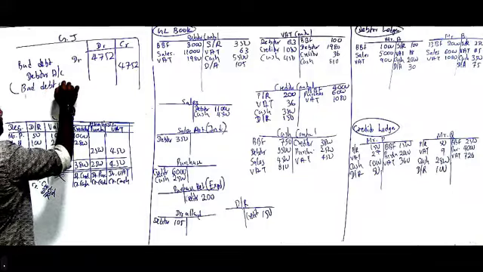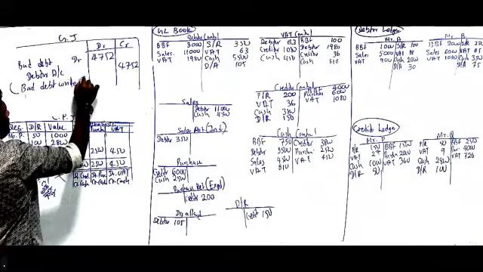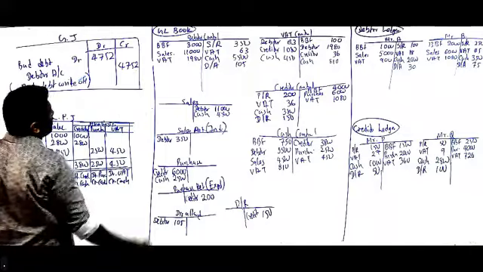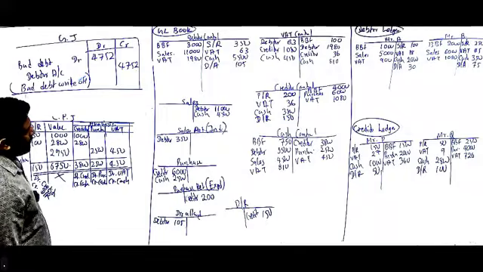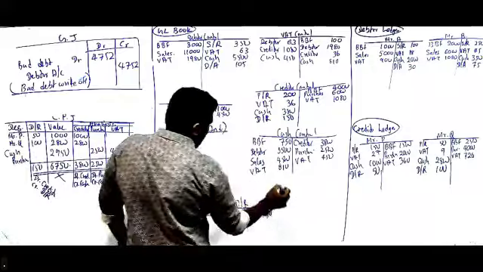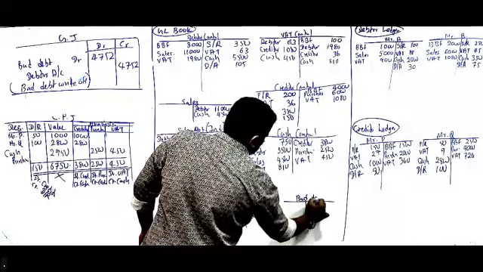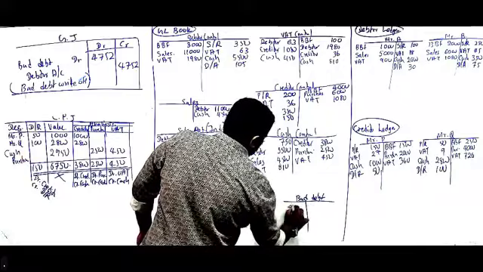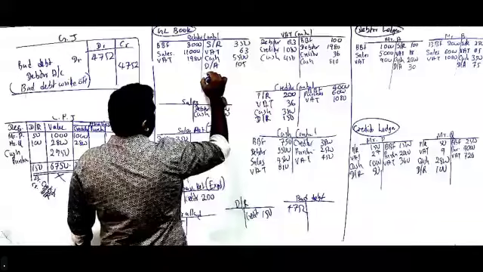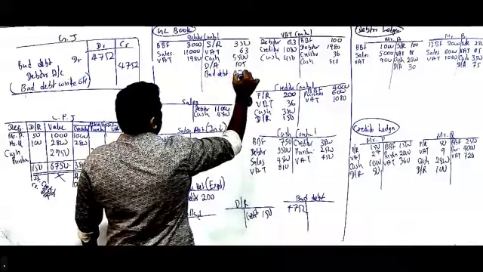So debit the bad debt account 4752, credit the debtors account, bad debt 4752.